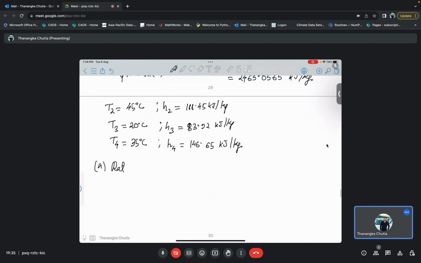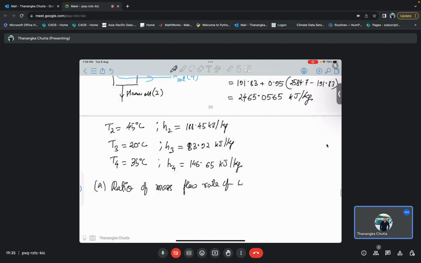Okay, now the first thing, the ratio of mass flow rate of water to steam.